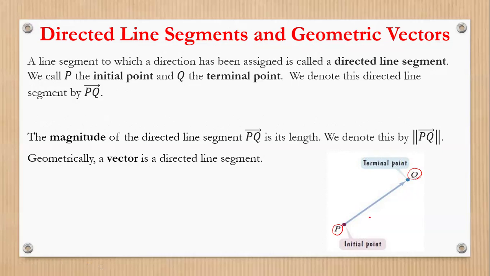And since in geometry, any directed line segment is a vector, we can show this one as a vector PQ. So to show the vector PQ, we just write the initial and the terminal point and then put a vector notation on top of that.